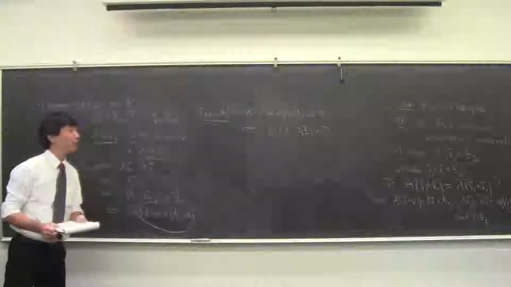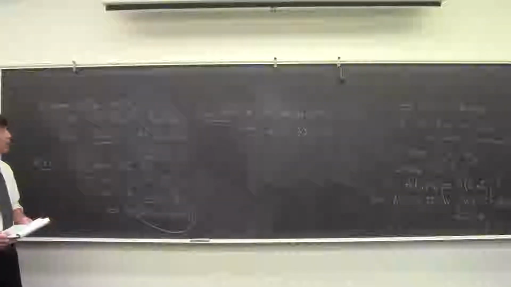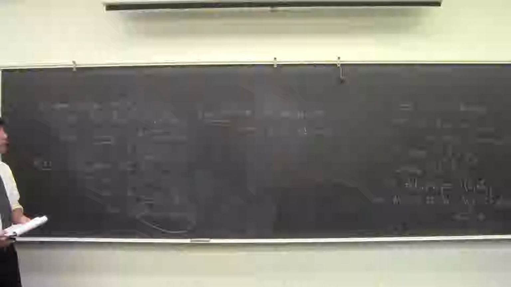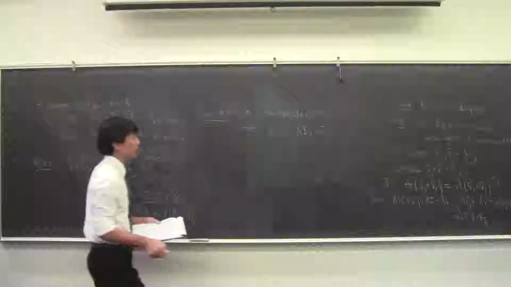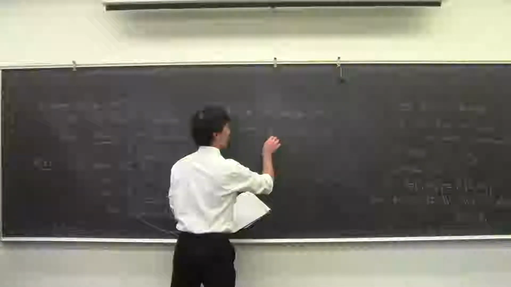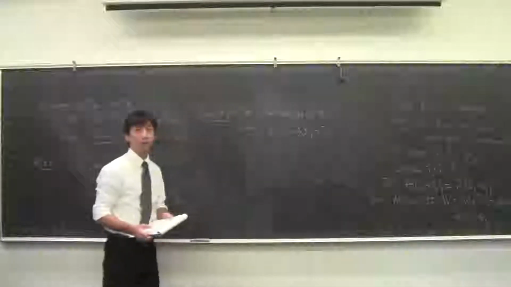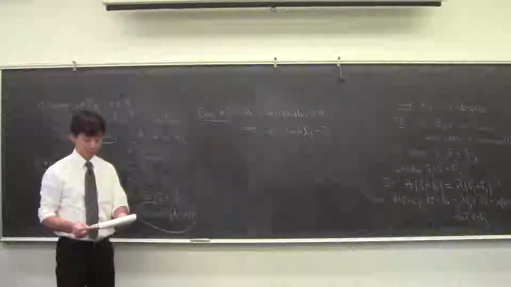I want you to think about that for a minute. Why is it true that an eigenvalue has to be something that makes the determinant of A minus lambda I equal to 0?